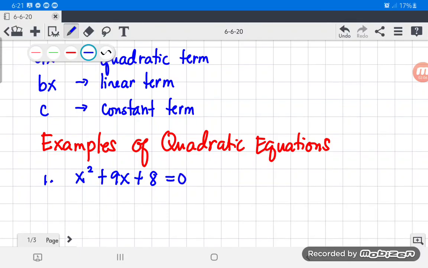So this is a quadratic equation in standard form with a is 1, b is 9, and c is 8. Notice that the value of a is 1, the numerical coefficient of the quadratic term. The linear term, 9, is the numerical coefficient of the variable x. And 8 is the constant.